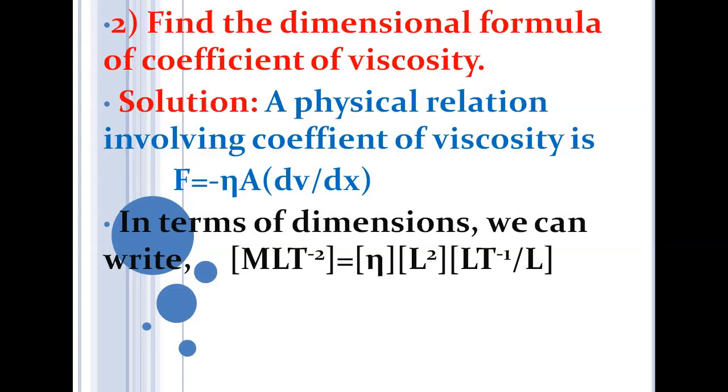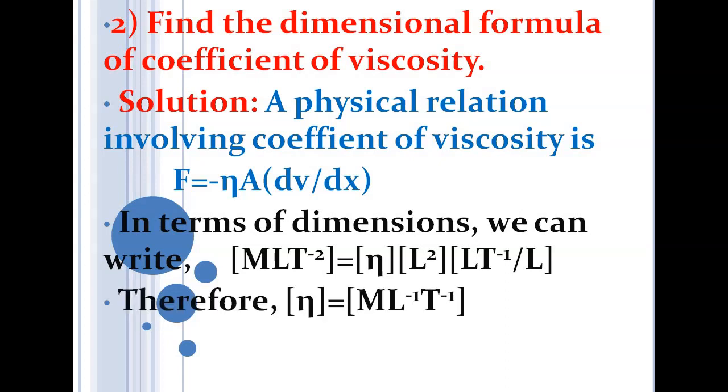We have to determine the dimension of the coefficient of viscosity eta, and A is the area, with dimension L squared, dv is the small change in velocity, that is LT^-1, dx is the distance, L. So in this way we can write in terms of dimensions. Then simplify it, and you will get the dimension ML^-1 T^-1.